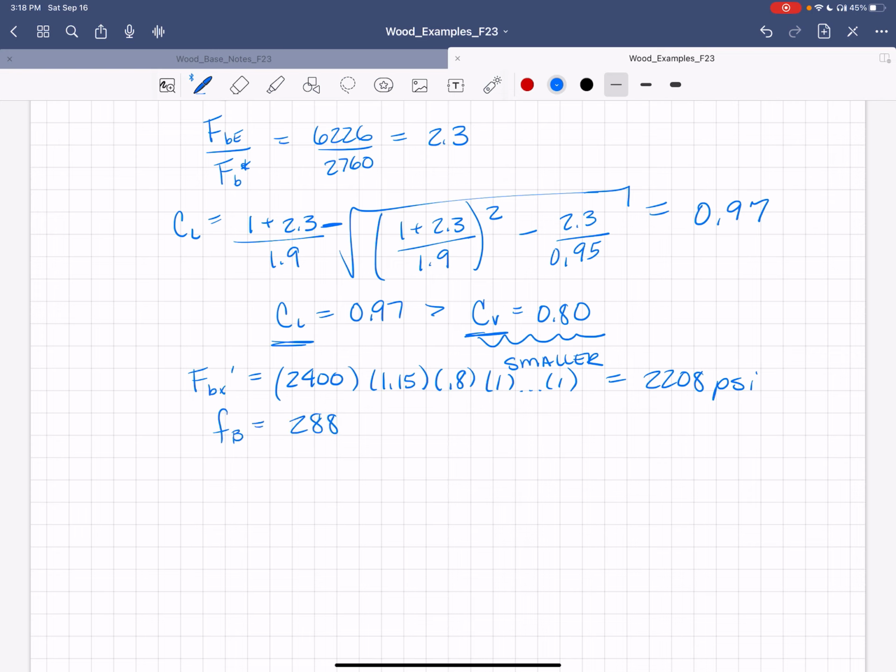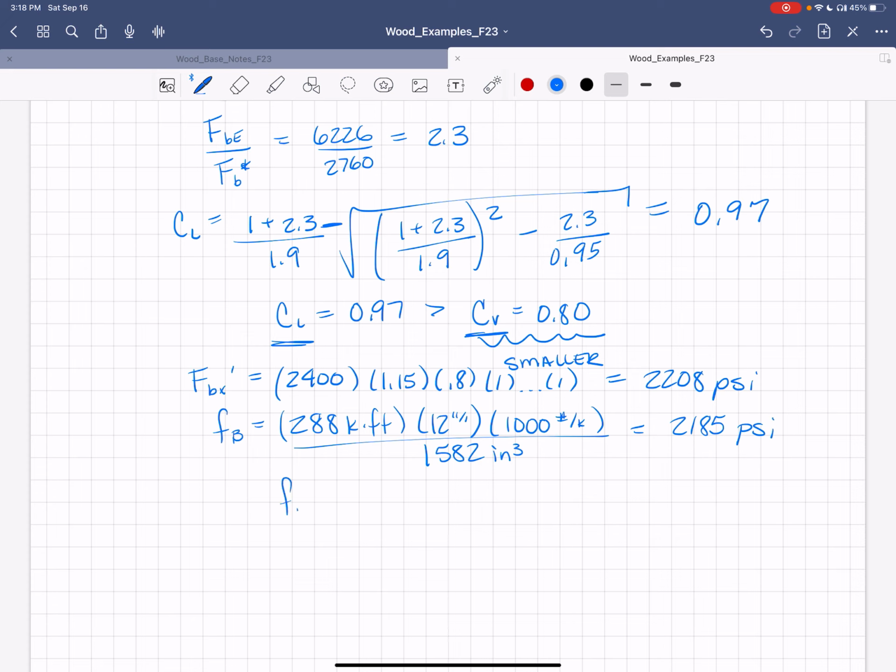What do I need? Our demand is 288 kip feet, times 12 inches per foot, times 1,000 pounds per kip, over 1582 inches cubed. And now I get 2185 psi.